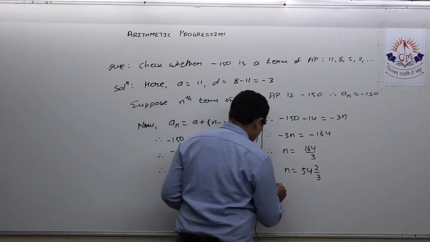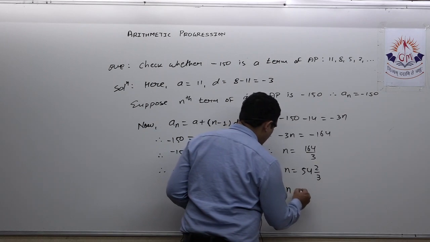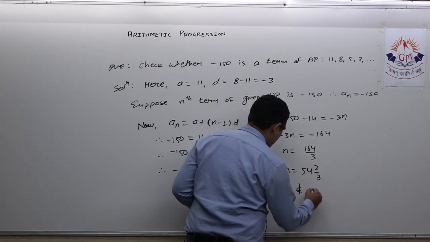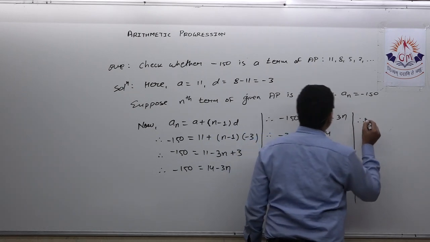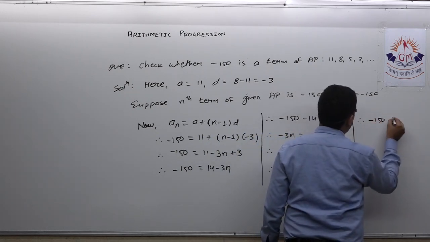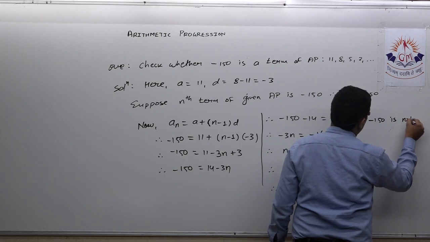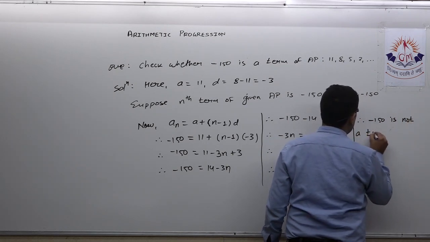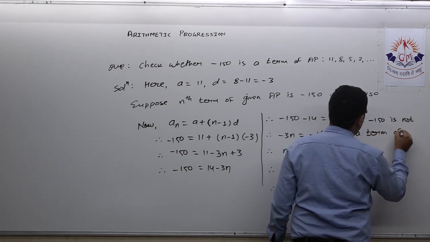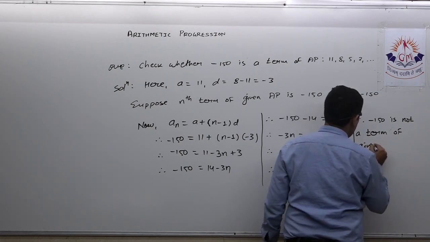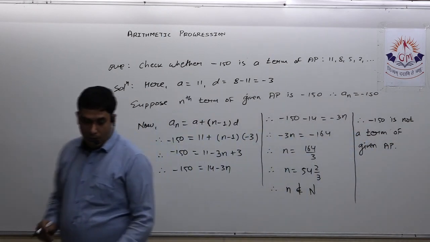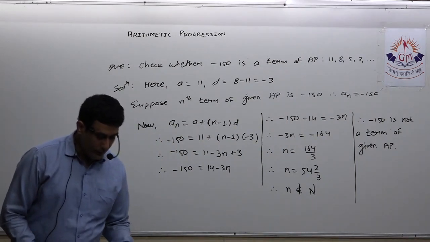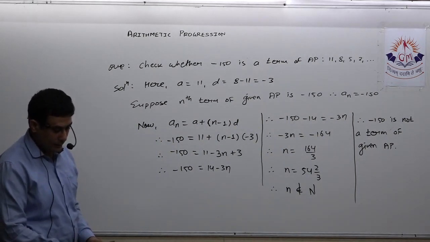So here I can say therefore n does not belong to the natural numbers, therefore minus 150 is not a term of the given AP. In that way you have to conclude. So that was another type of question. Now let us see the next question.